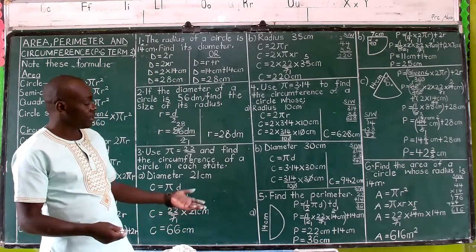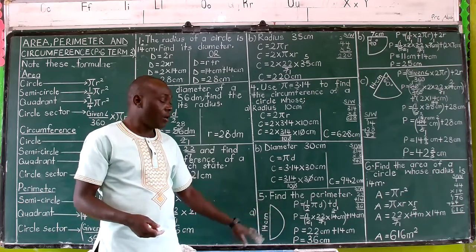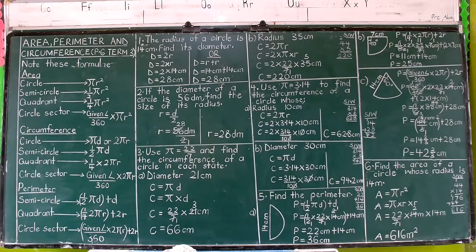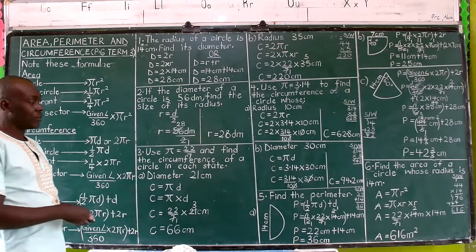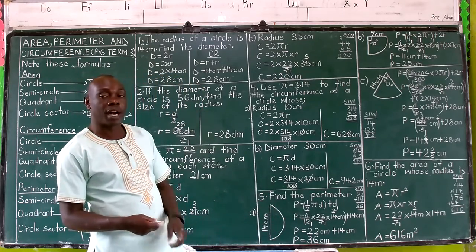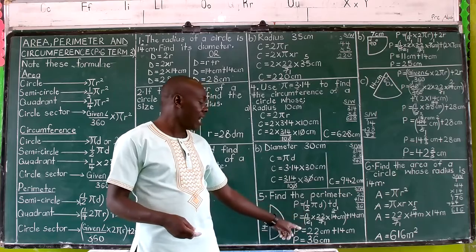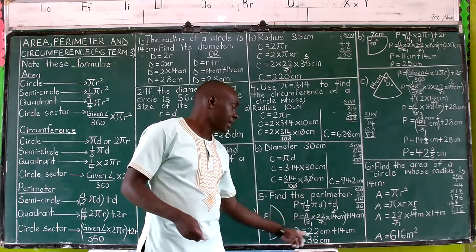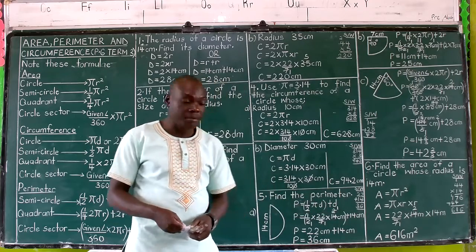So when you see any of those called diameter or radius, you must use 22 over 7. So are we going to use 22 over 7 for 14, the second multiple of 7? We say a half times 22 over 7 times 14 centimeters, in brackets, then plus the diameter of 14 centimeters.